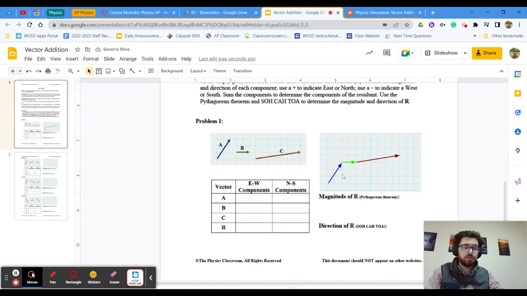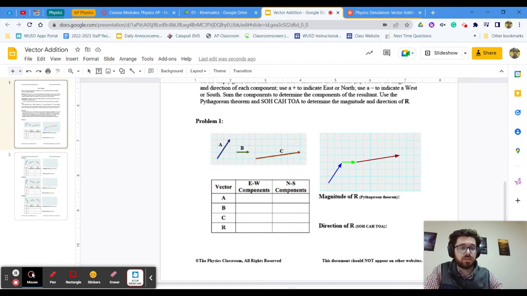Okay, so we've now officially added the vectors, and in order to get the resultant, you're going to go ahead and draw the resultant from the bottom of A all the way to the end of C. So let's go ahead and do that. We'll draw a new arrow.